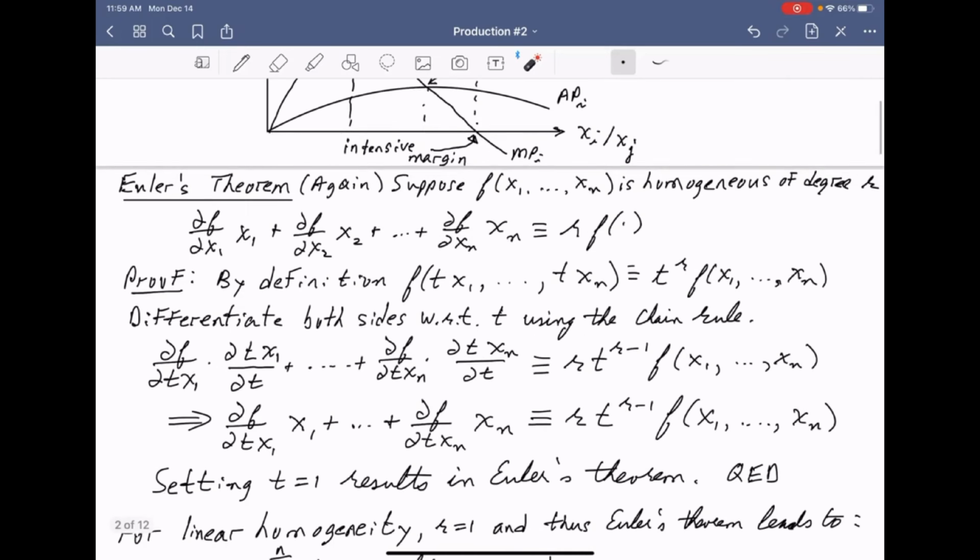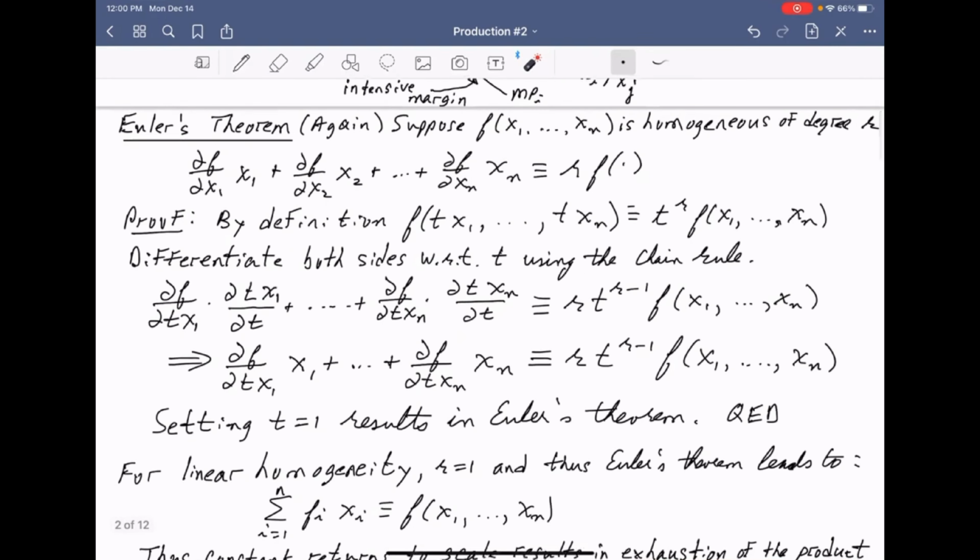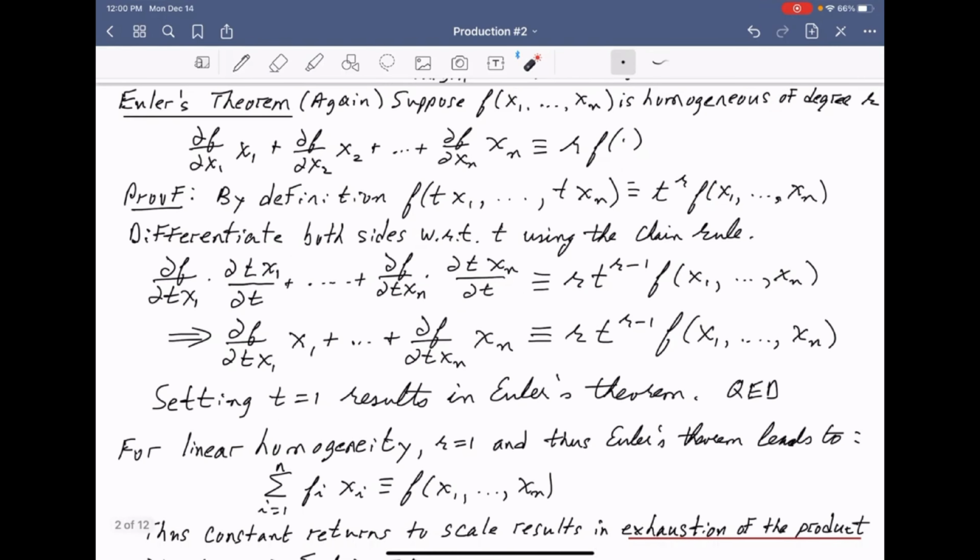Now let's return again to Euler's theorem. Suppose that this function, as a function of inputs x1 through xn, is homogeneous of degree r. Then what it says is that if we take the marginal products of each of the inputs multiplied by the amount of the input, that is equivalent to multiplying the output function by r.